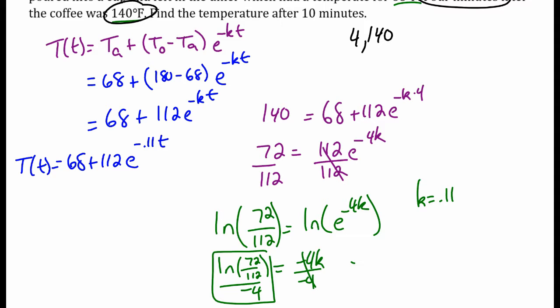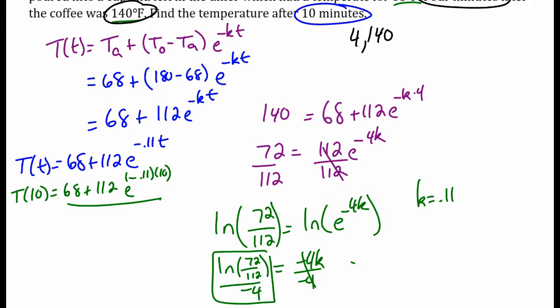Find the temperature after 10 minutes. Well, guess what I'm going to do with 10 minutes? Plug that in for t. So T of 10 is 68 plus 112 e to the negative 0.11 times 10.